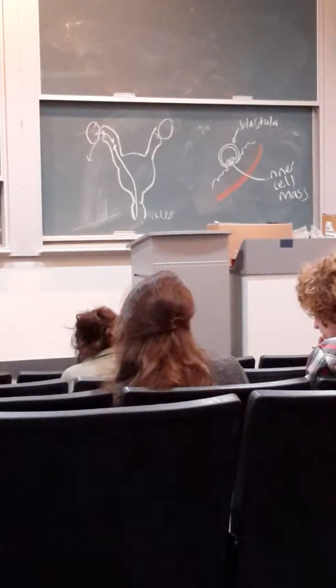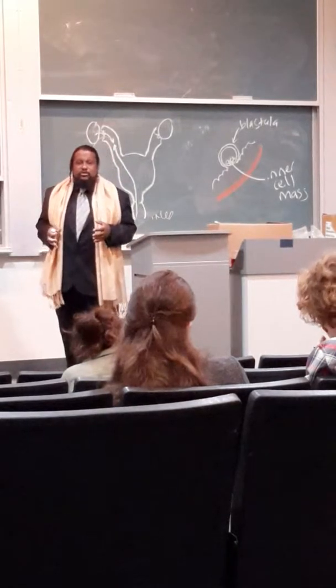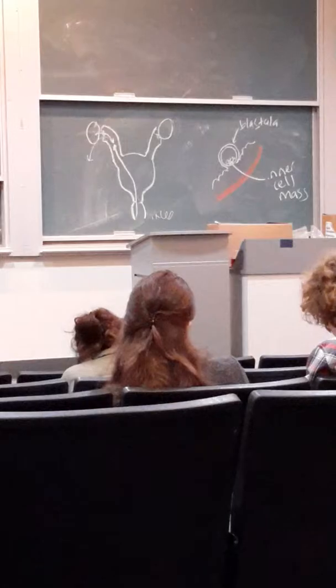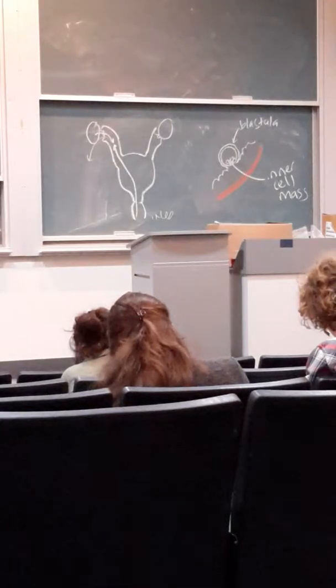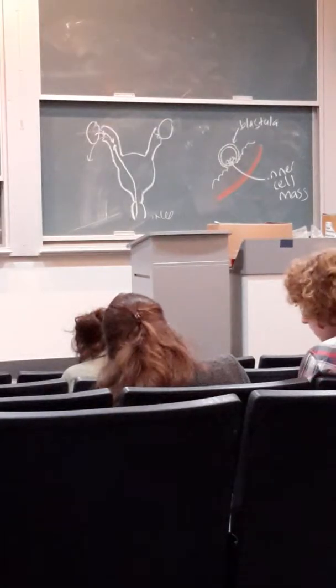So the inner cell mass, part of it becomes the embryo, and then part of it becomes something called the syncytiotrophoblast. I don't care if you know that word, but it's this invasive tissue that starts mixing in with the endometrium. And ultimately the placenta is going to be a mixture of endometrial tissue from the mother and extra embryonic tissue from the conceptus. Can I say conceptus?